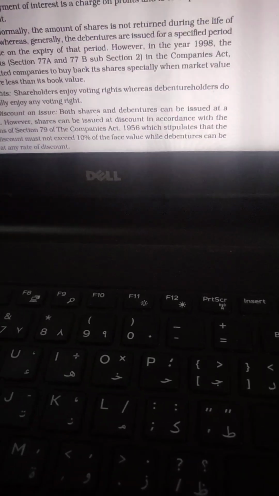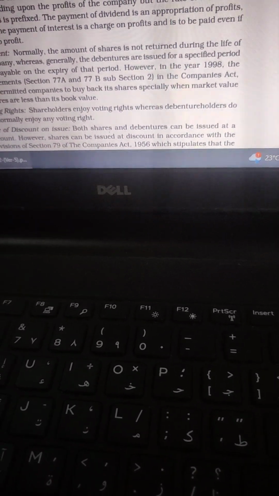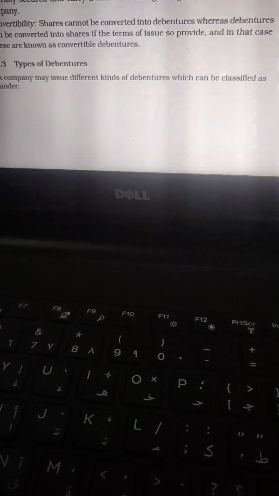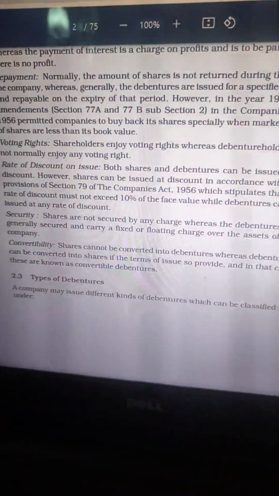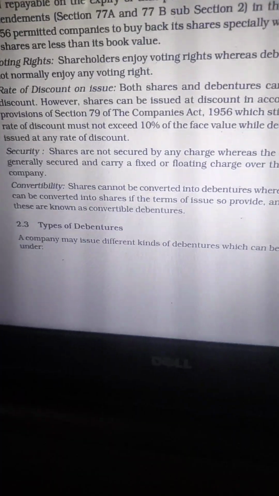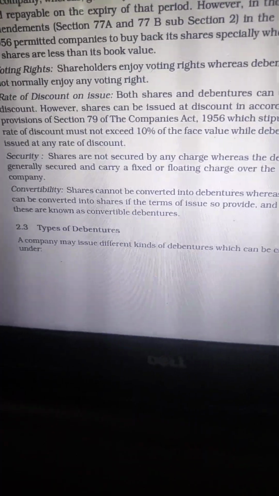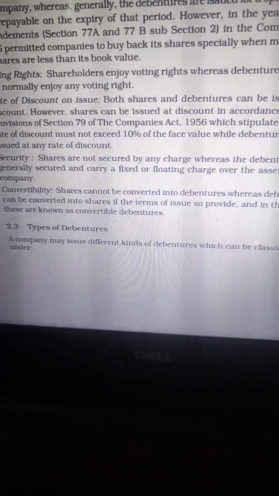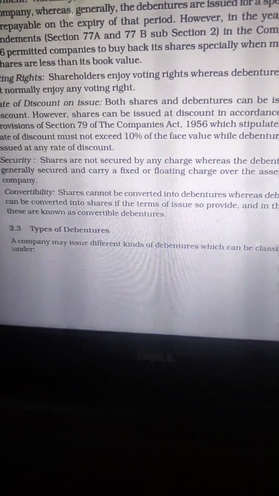Then, regarding repayment, normally the amount of shares is not returned during the life of the company, whereas generally debentures are issued for a specific period and repayable on the expiry of that period.